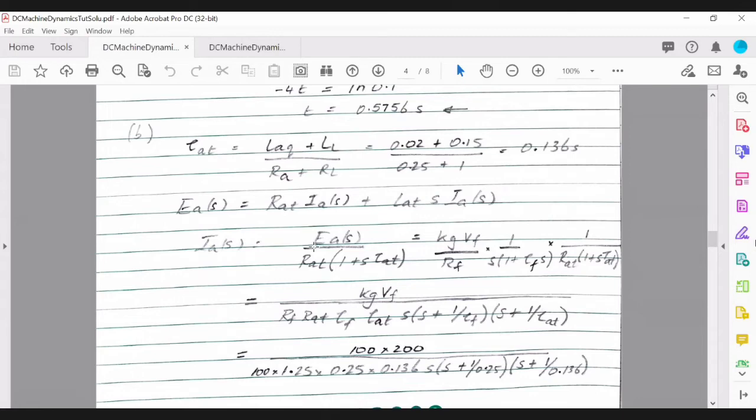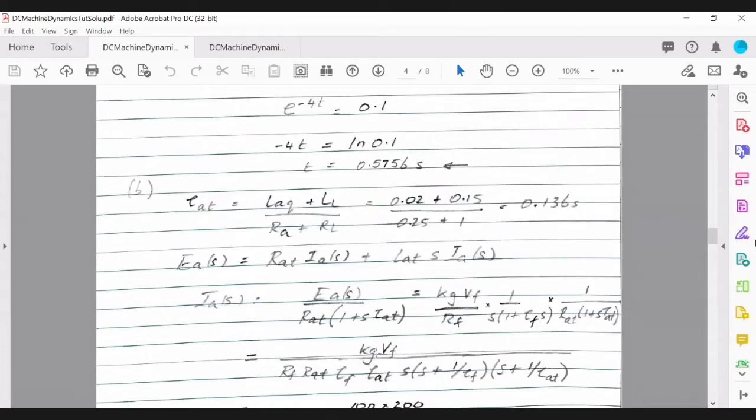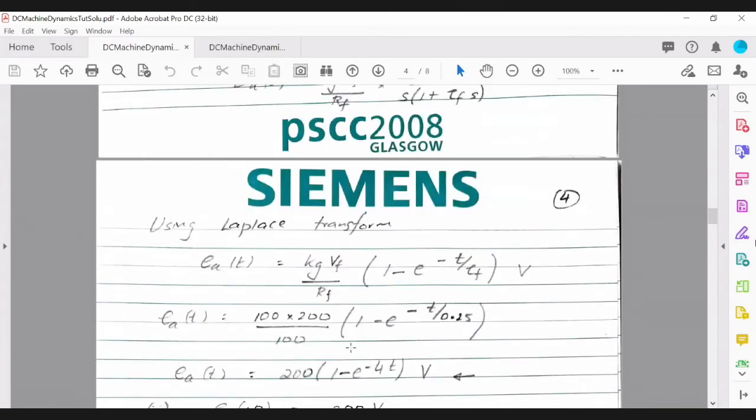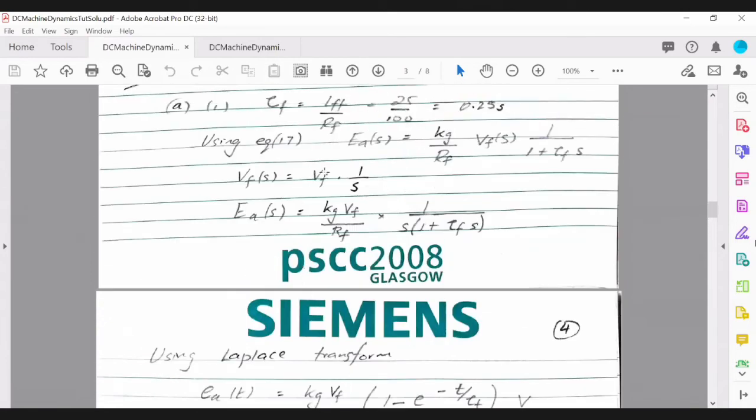And here I've basically expanded the expression. So you will end up with, remember this section comes from here, from this formula here, right?